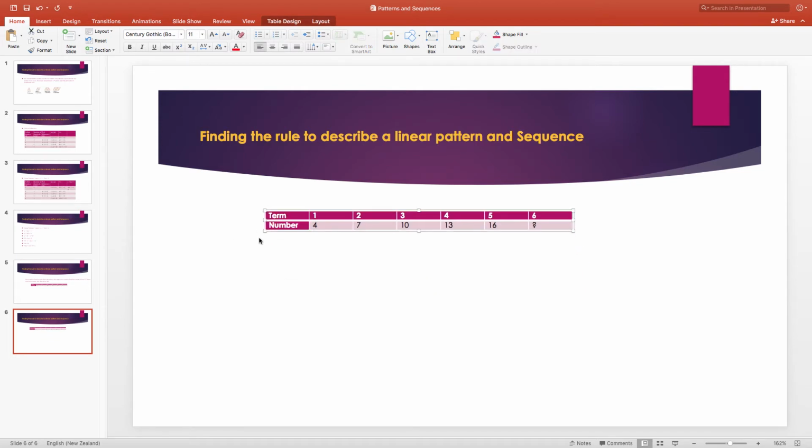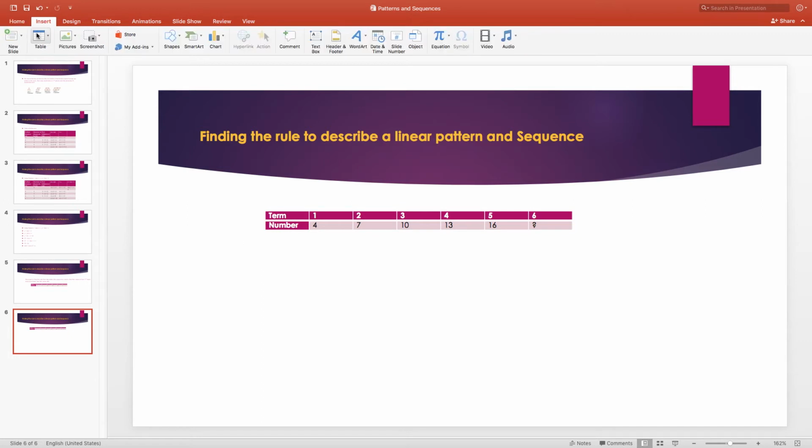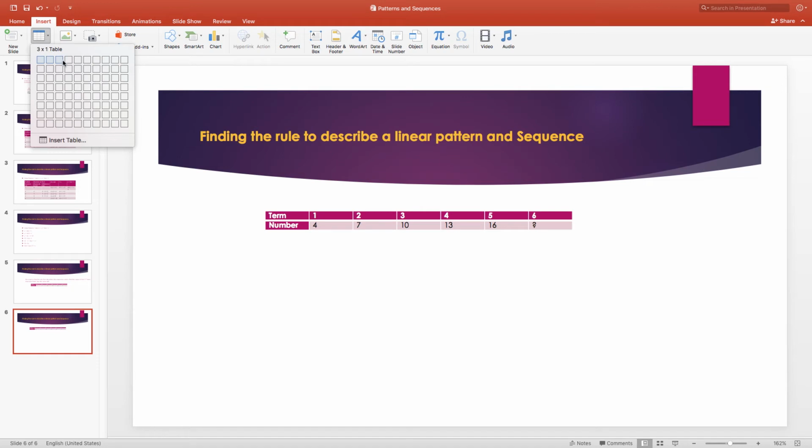So I'm just going to move that. So I'm going to put my table of differences in here. And we're going to do the same procedure as we did before.